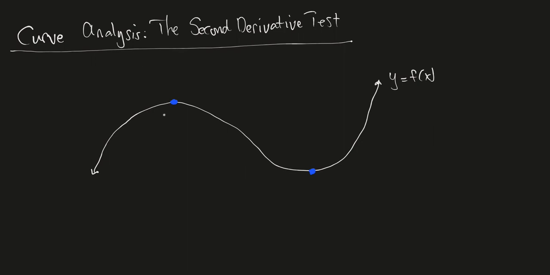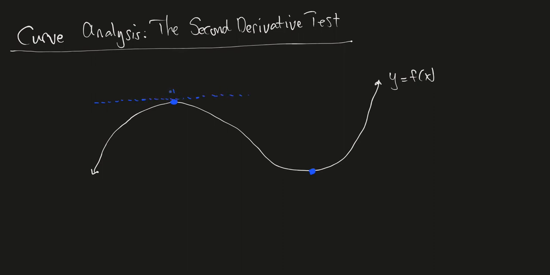Now let's take a look at what has to happen with the first and second derivatives for this to occur, right? Well, we know for a fact that to have a stationary point like this, the tangent line has to be horizontal, right? So we have to have a horizontal tangent line.